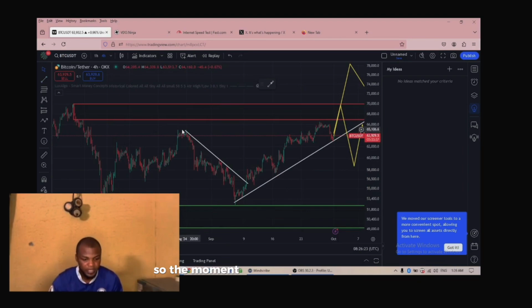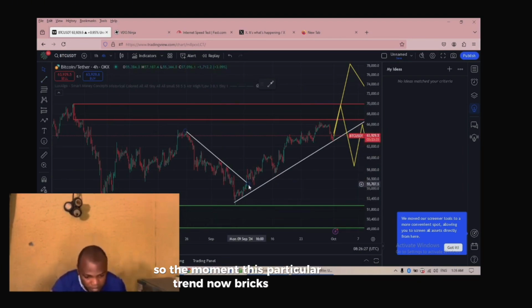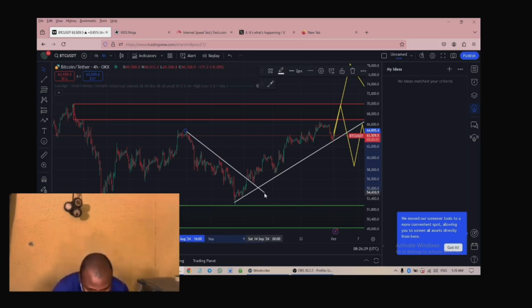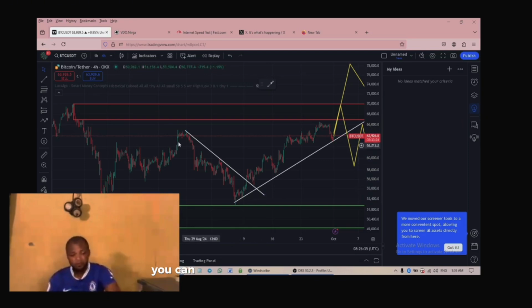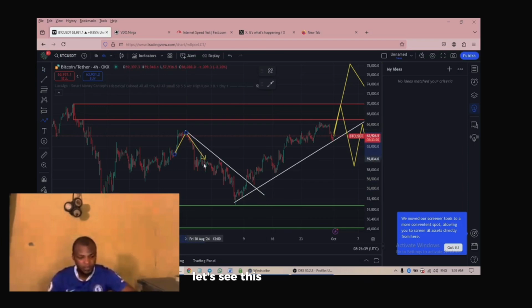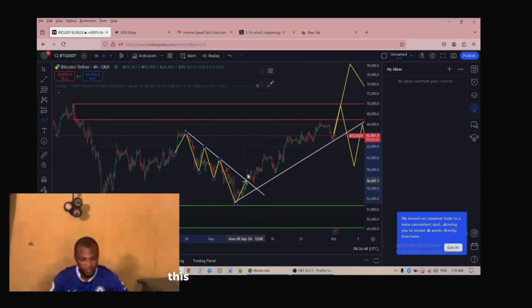So the moment this particular trend breaks above the downtrend, you can see it came all the way. Let's say this, this, this, come down here.